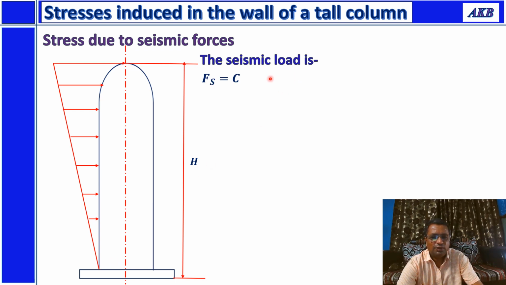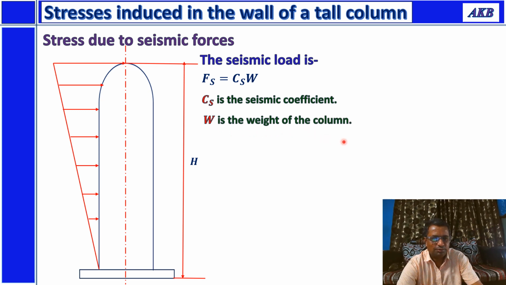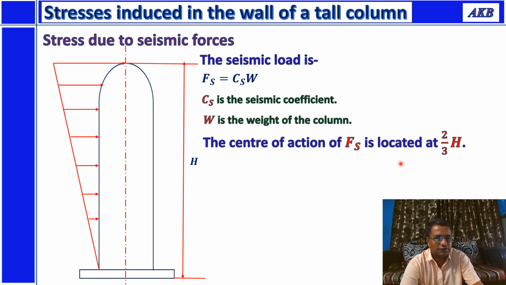So seismic load is given by this equation. Fs is equal to Cs into W, where Cs is the seismic coefficient and W is the weight of the column. Again, it could be in Newton or kilonewton. Here there is no such restriction. The center of action of Fs is located at 2 by 3 times the height of the column.